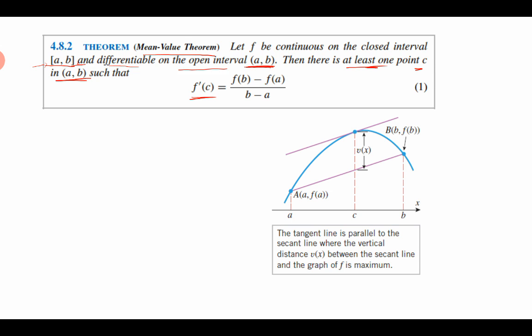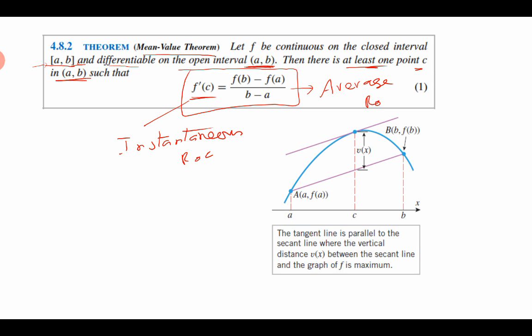The right hand side is the average rate of change, and the left hand side is the instantaneous rate of change.